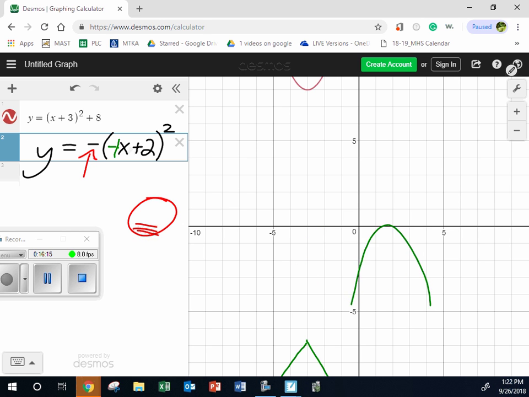Did it move over there? Now, what in the heck happened? Yes. So the negative on the outside flips over the y-axis. Uh-huh. The outside. Yep.